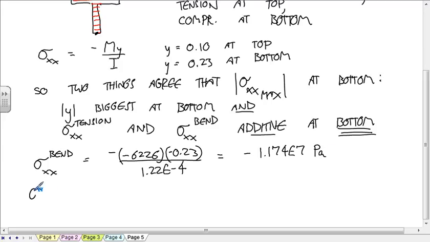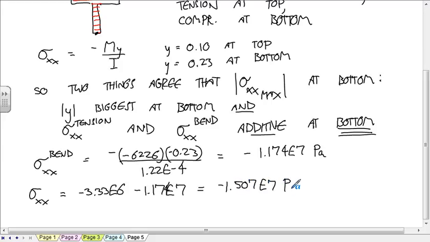And so the final answer is the XX stress is equal to -3.33 times 10 to the 6 minus 1.17 times 10 to the 7th. And you get what? I guess bring that to a 4 and you get -1.507 times 10 to the 7 pascals.